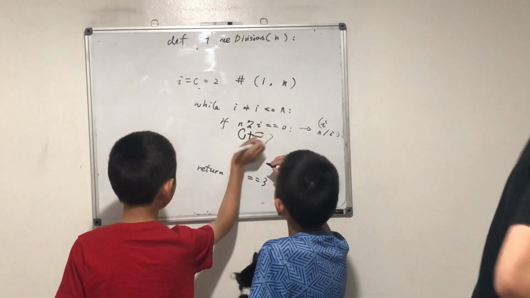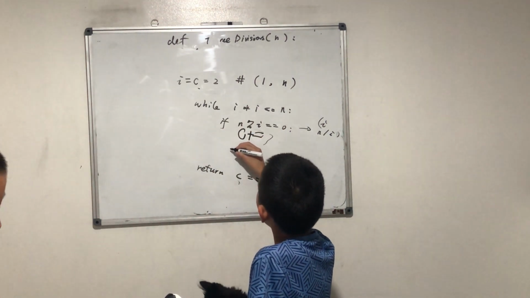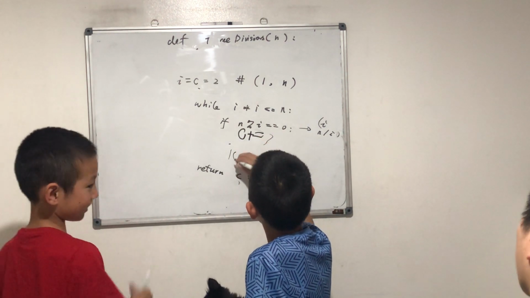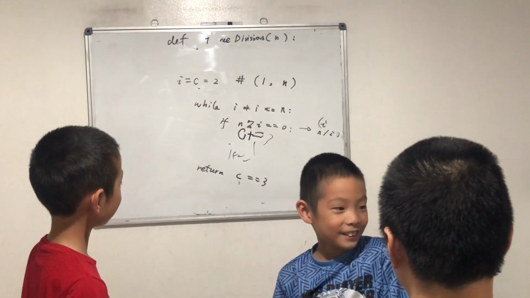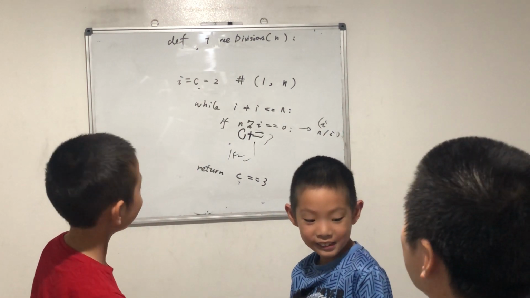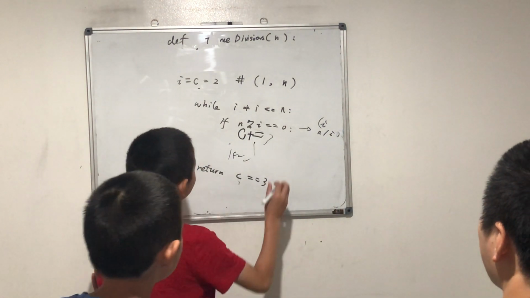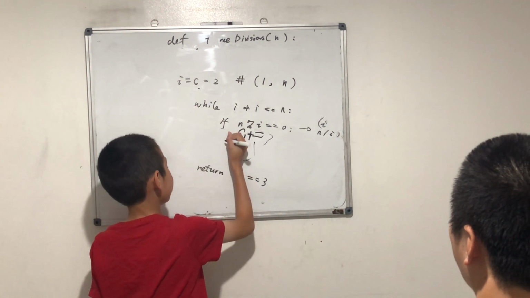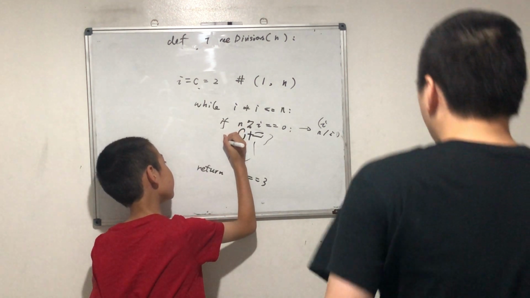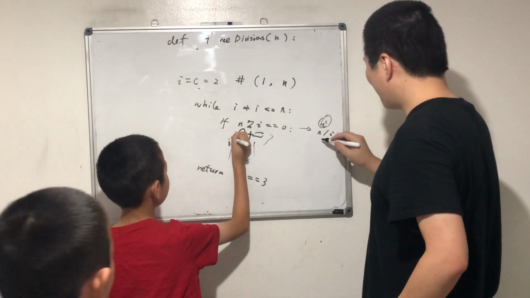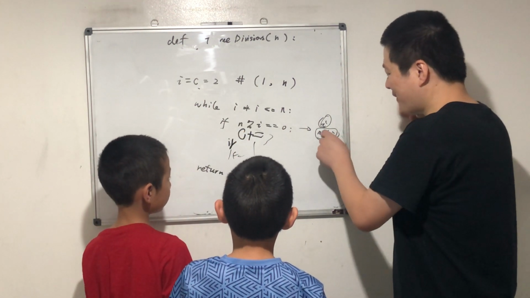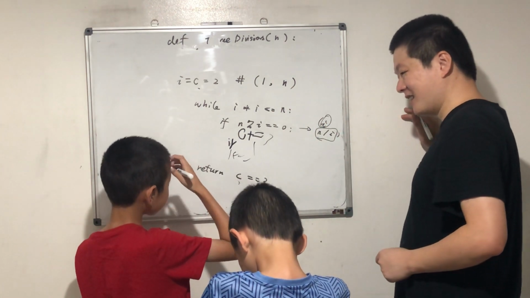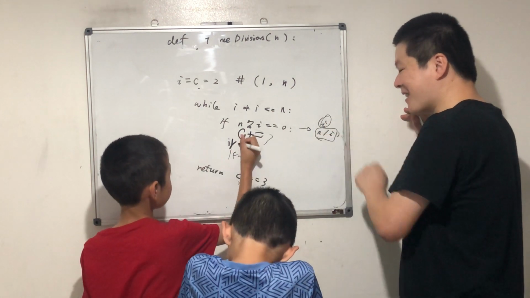C plus equals what? And then we also need to make sure C plus equal 1, we're done. And we found the i, and we also found N divided by i. In what cases do we need to check if i and N divided by i are the same?